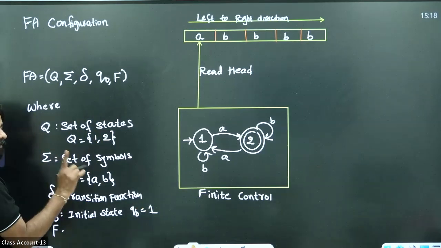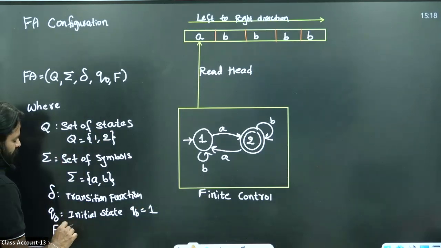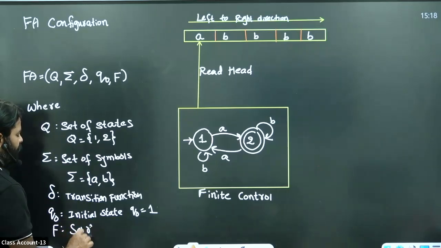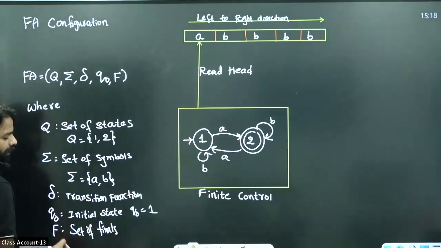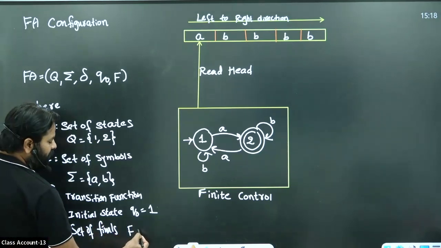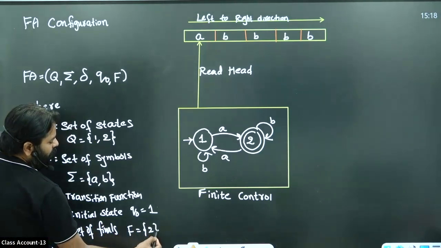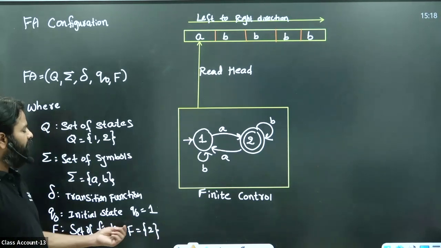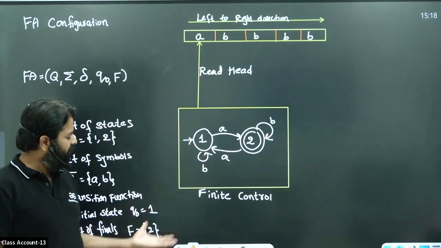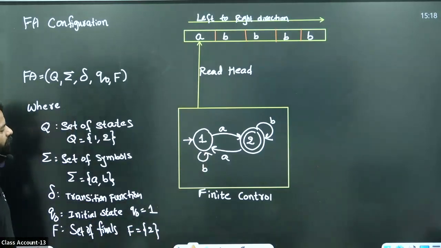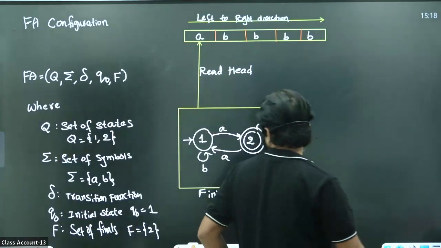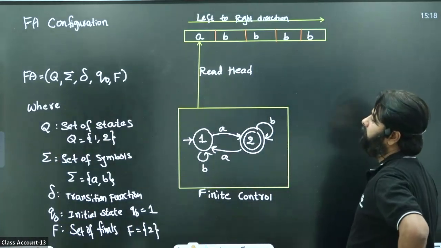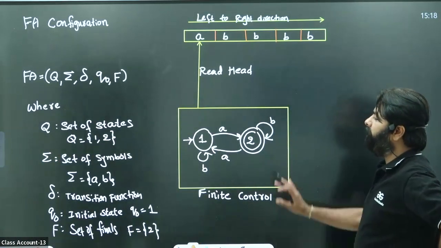Every machine should have only one start state. And F is the set of finals. Sometimes you don't see any finals, then F is empty. Here F is only 2. This F could be empty, or one state, or 2 states, whatever you require. So the set of final states is F, and these are the 5 parameters that you should understand for every machine.